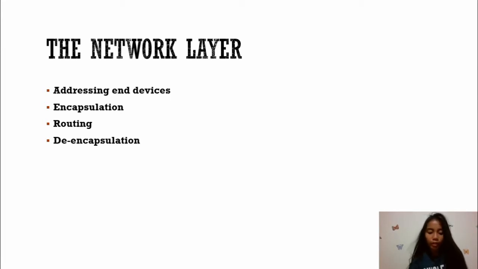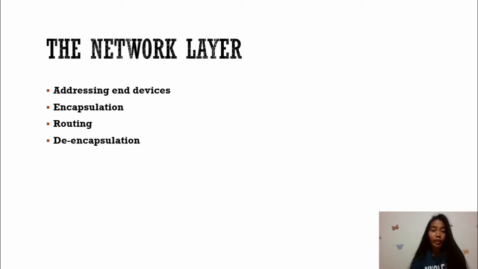That will be configured with the unique IP address for identifying the network.